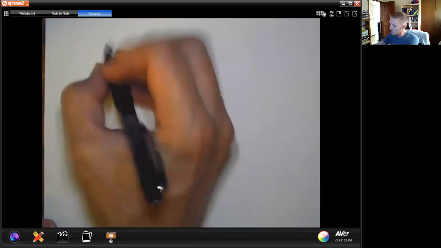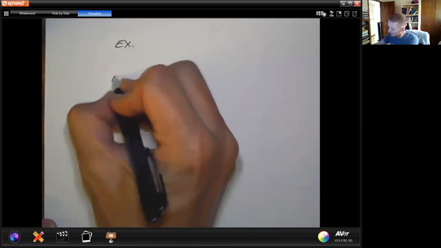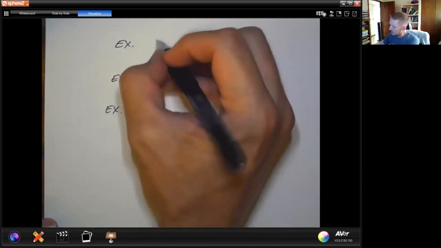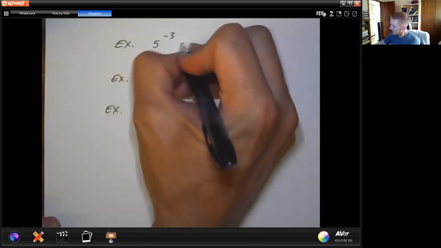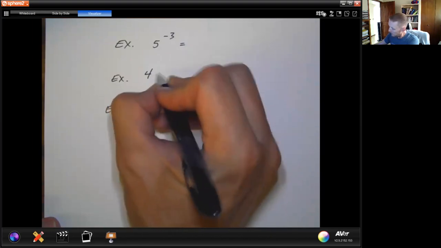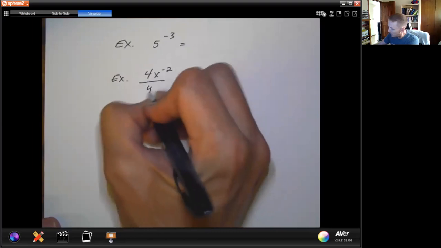Let's go ahead and do a couple of examples now. So let's come here to the middle of the page. Let's take 5 to the negative third power. Let's take 4x to the negative second over y to the third.